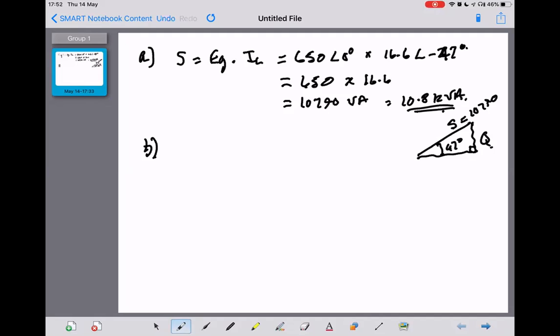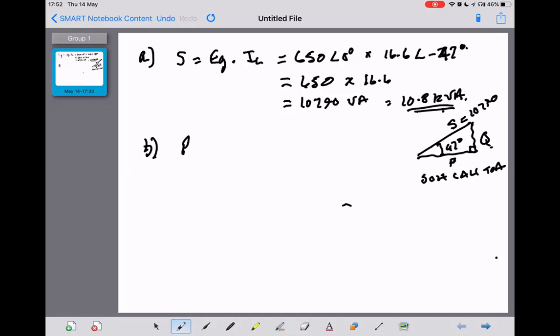You've got the hypotenuse. You haven't got the adjacent. What we're looking for is we're trying to find the adjacent, we're trying to find P. So would you use P equals S times cos 47 degrees?